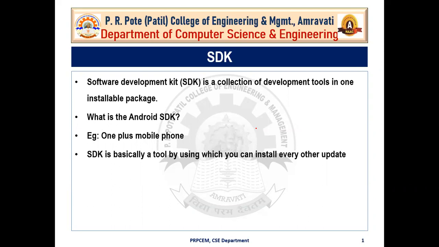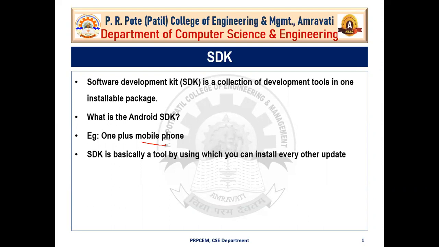In order to work with Android, developers must download or install each version's SDK for the particular device. Now say for example, a OnePlus mobile phone. If you have a OnePlus mobile, OnePlus has a set of SDK files in it. This will differ from one system to another.